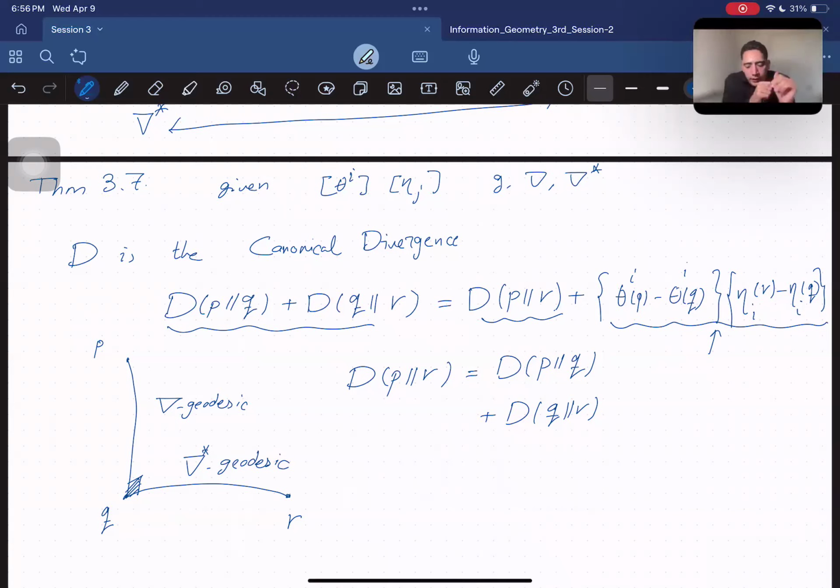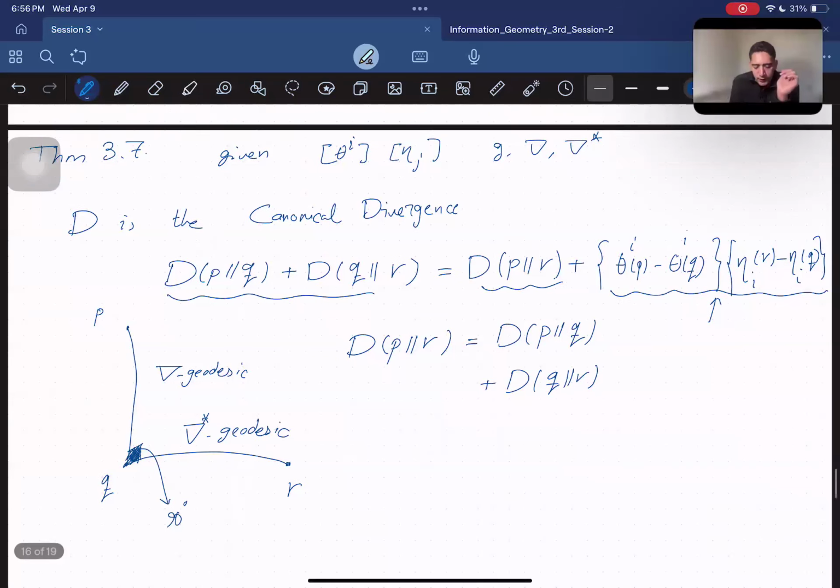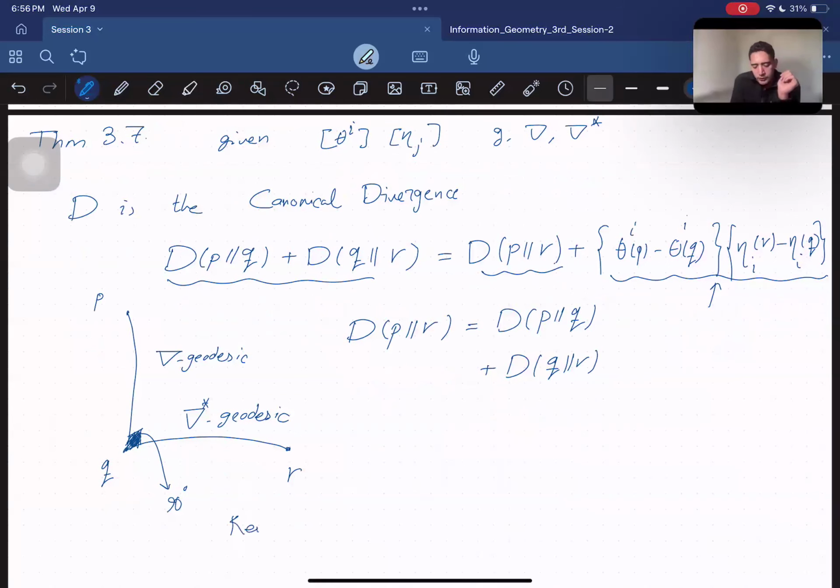How? If you have a triangle like this, this thing is 90 degrees in what sense? In the sense of Riemannian geometry.